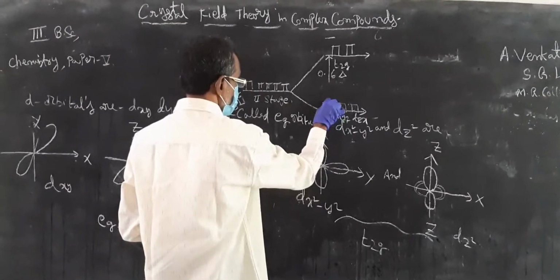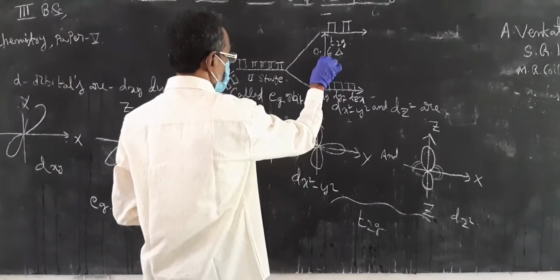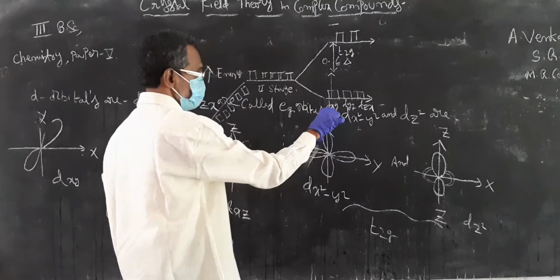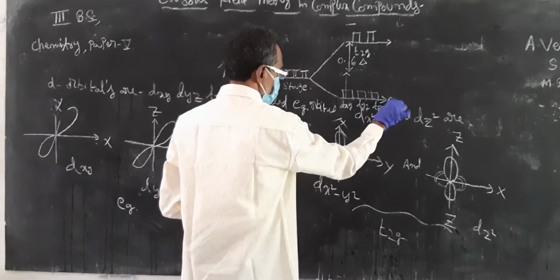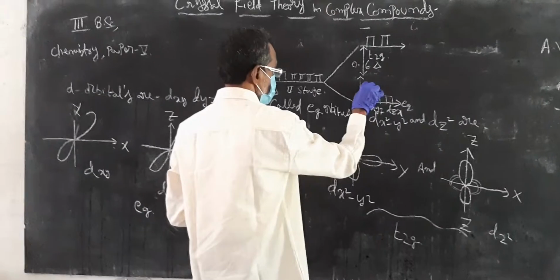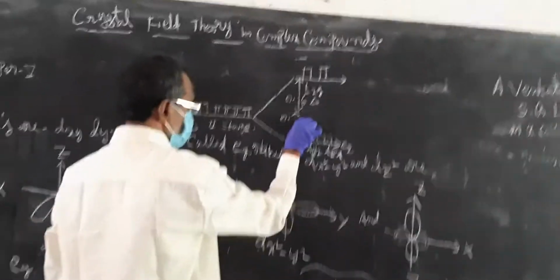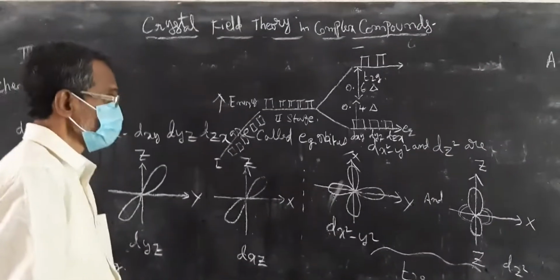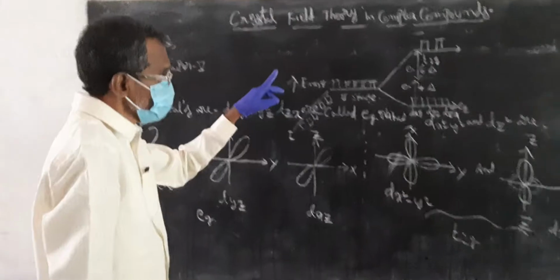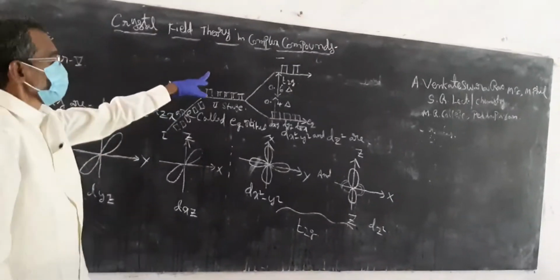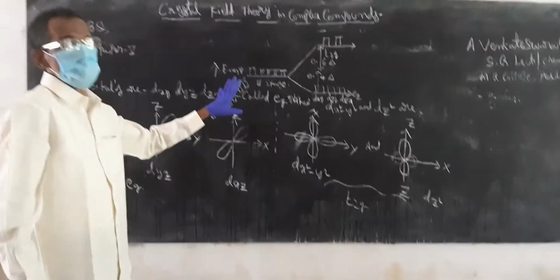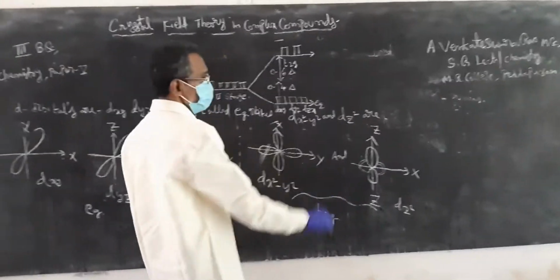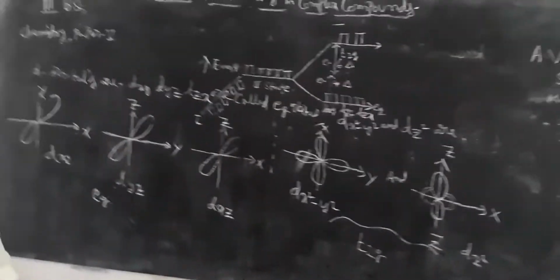Here delta means the crystal field splitting in crystal field theory.